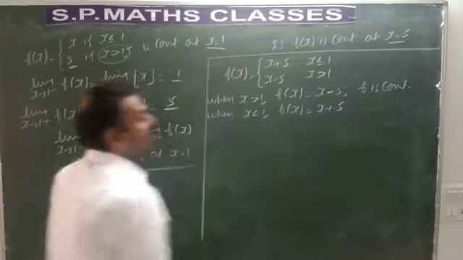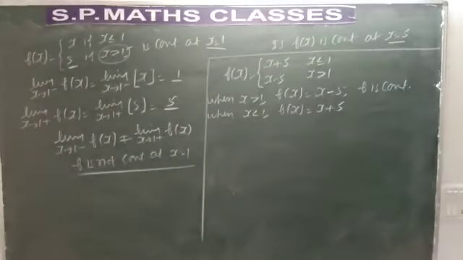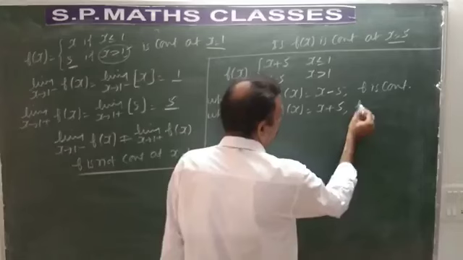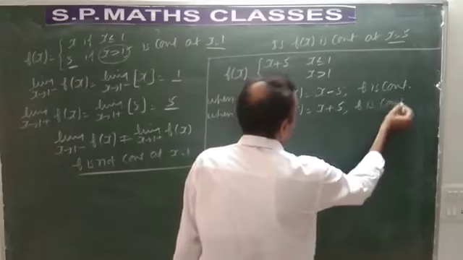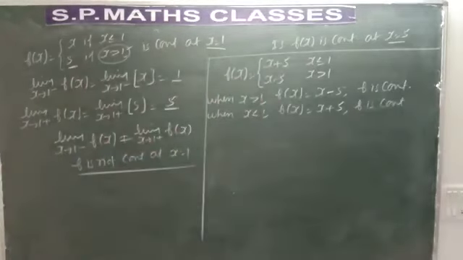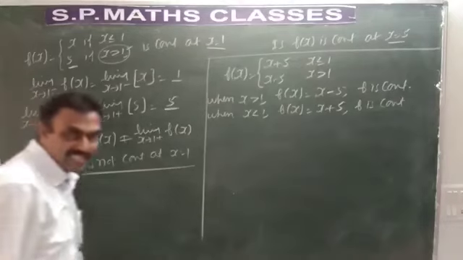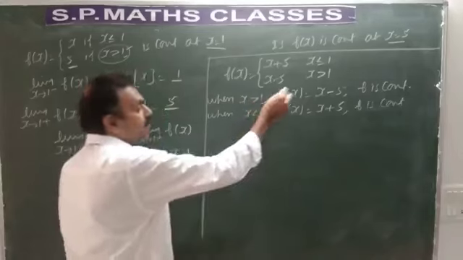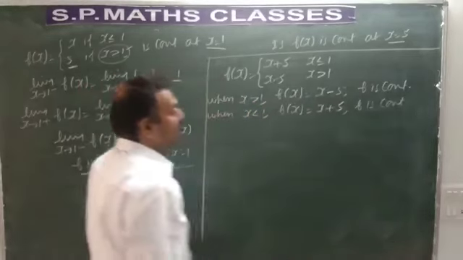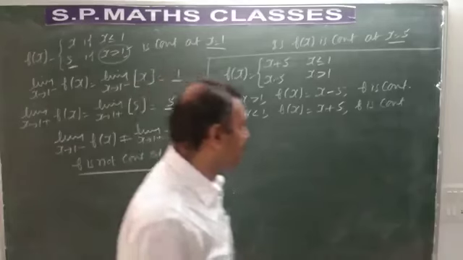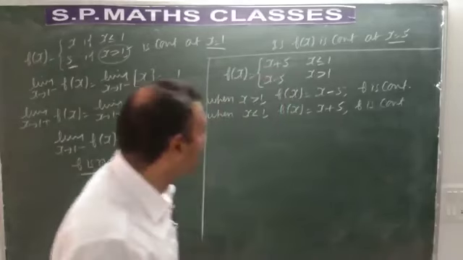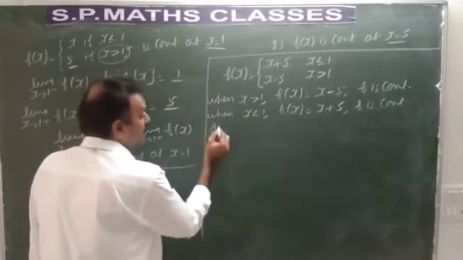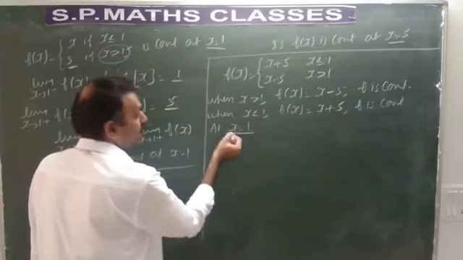For x less than 1, we have to take x plus 5. So f is continuous. We are finding all the points of discontinuity, and for all x greater than 1, it is a polynomial function, continuous. For all values of x less than 1, it is x plus 5, which is continuous. Now let us take x equal to 1.